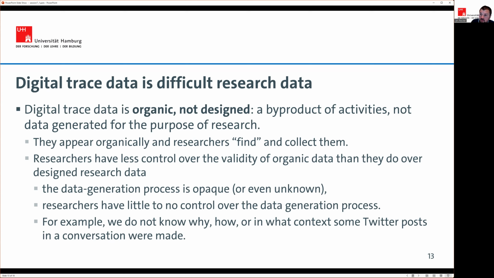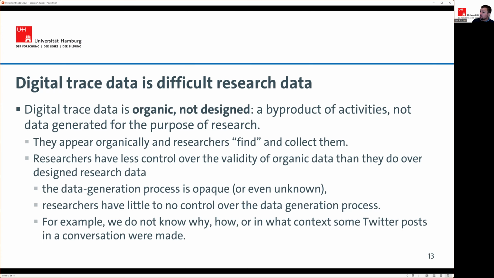A good example of that would be the BP oil spill, where thousands of people used Twitter to tweet their opinions and whatever they were doing about these collective action movements. We know next to nothing about these people. We don't know who they are. We may see their Twitter profile if we care to check on these profiles, but they could be anonymous, they could be whatever. We don't know in what context and what situations these tweets were retweeted, liked, maybe it was meant to be sarcastic or ironic.